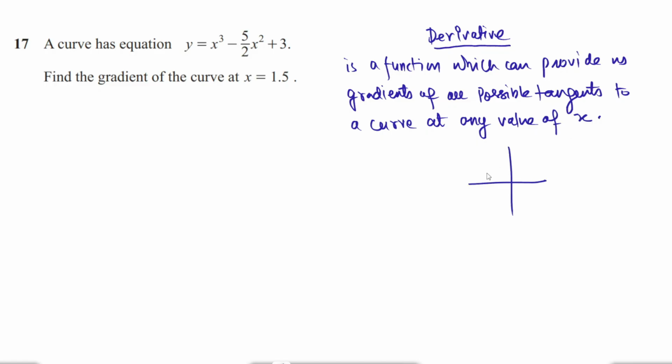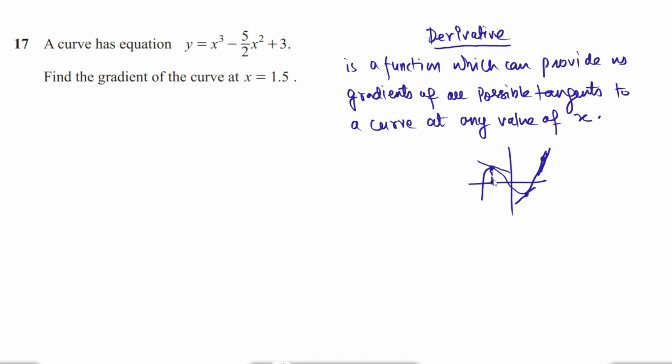Okay, so what does it mean? For example, we are having this kind of curve, and you are interested in finding the gradient of the tangent here. Let us assume this is the tangent. There are many tangents which could be drawn. Every tangent is drawn at a specific point.